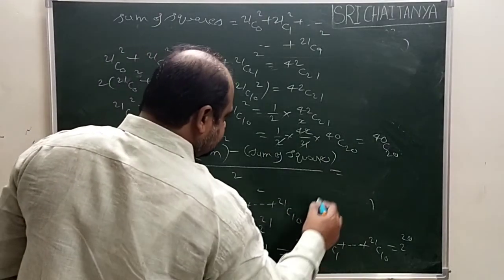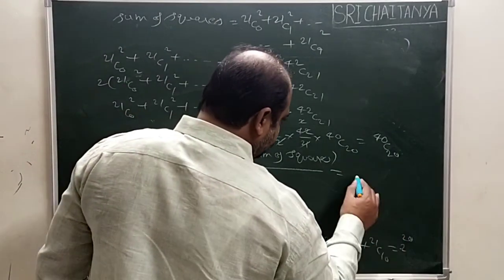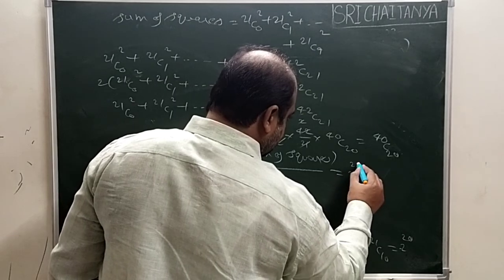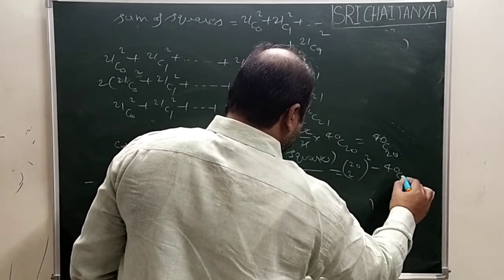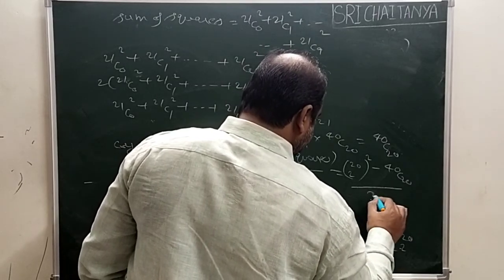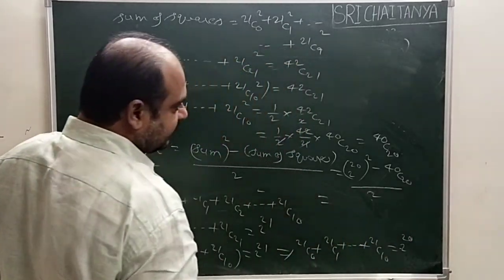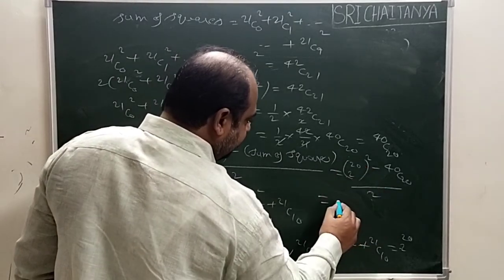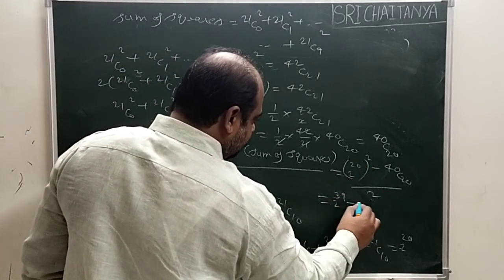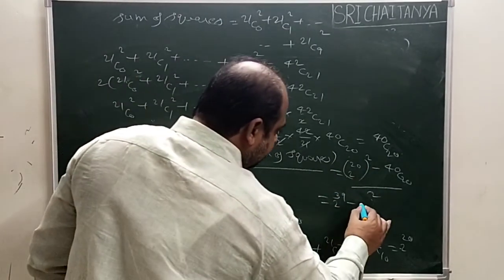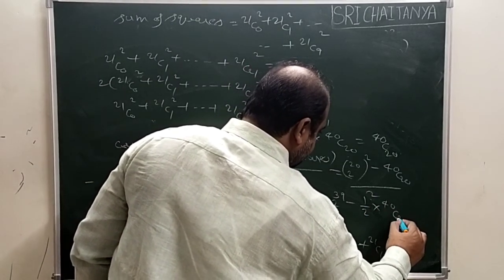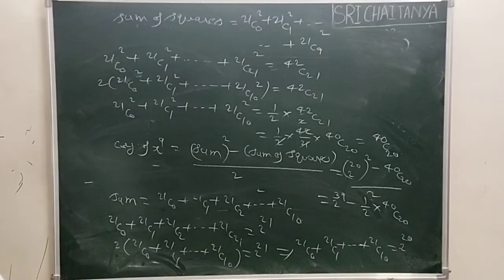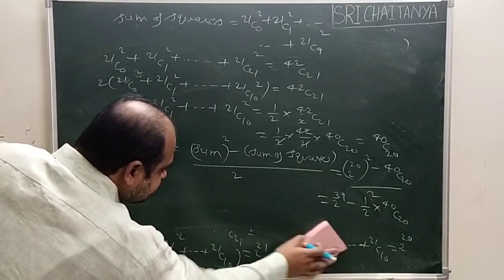That means it is (2 power 20) whole square minus 1 by 2 into 40C20, divided by 2. So the required answer is 2 power 39 minus 1 by 2 into 40C20.